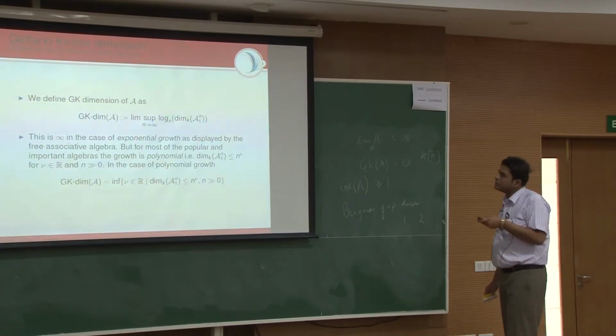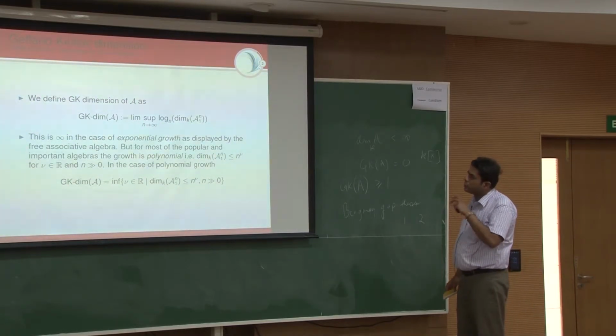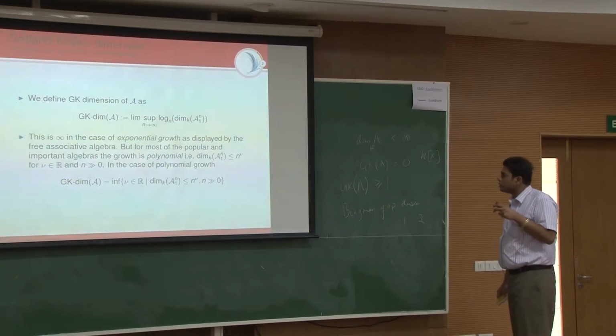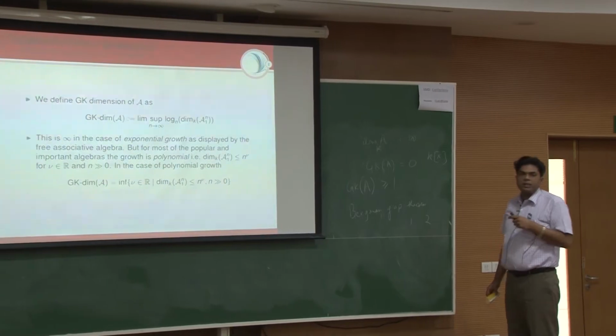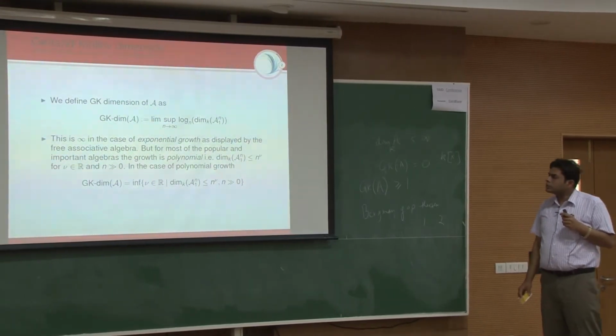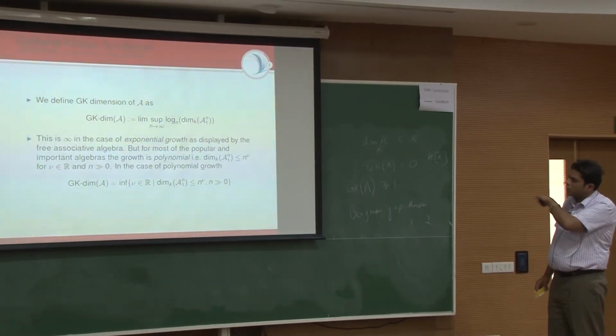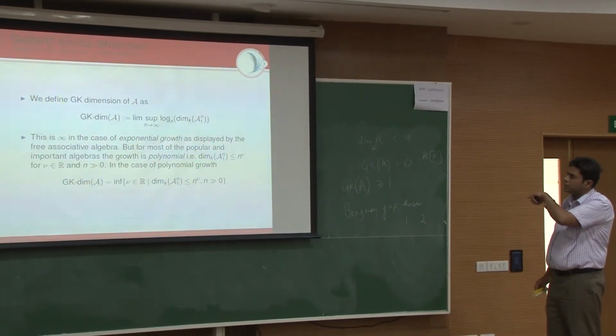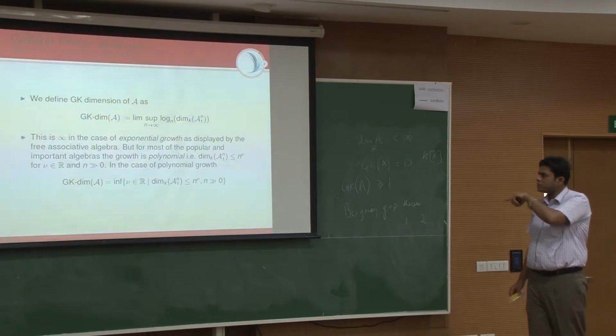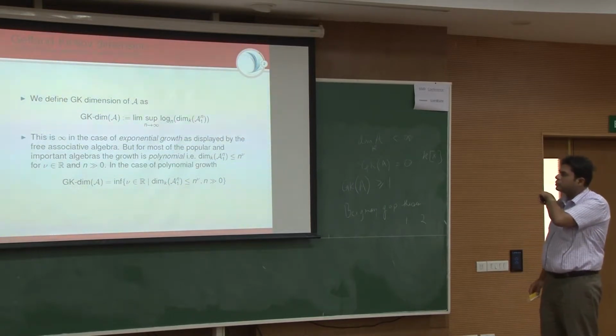Now, an even more basic concept than this dimension is the concept of growth. Basically this dimension is quantifying growth. And what is growth? As I said, for an algebra we can write down this filtration and look at the sequence of dimensions, and we can see how it is growing. It may be growing polynomially.